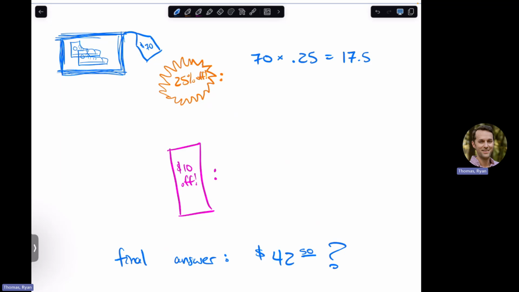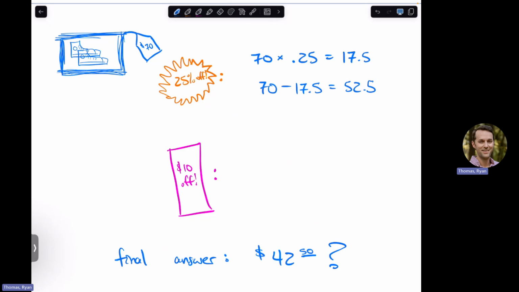Taking 25% off, right? Really what we did is figure out what 25% is, and then we need to do 70 minus 17.5 to get 52.5, right? Okay, so that's the discounted price. That's what any Yahoo off the street is going to pay because they're on sale, right?